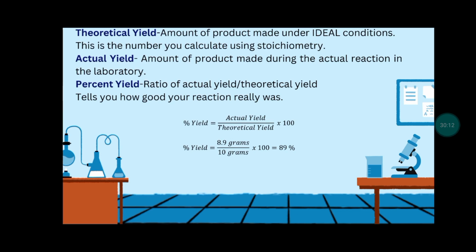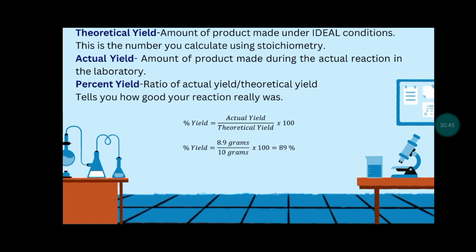So, may tinatawag tayong actual yield. In reality, hindi talaga nangyayari ang theoretical yield, so we have the actual yield, which is the fraction of theoretical yield. Etong actual yield, this is the product natin that we can have during experimental laboratory experimentation.